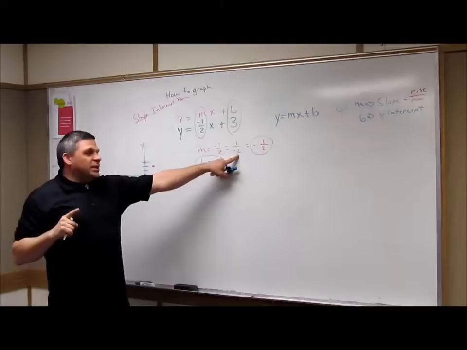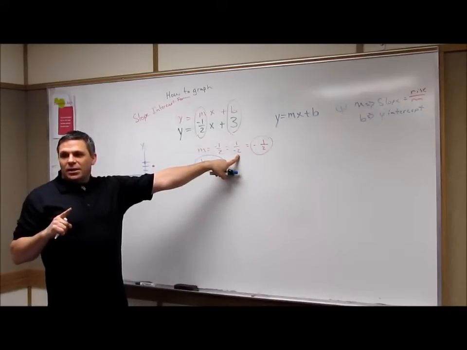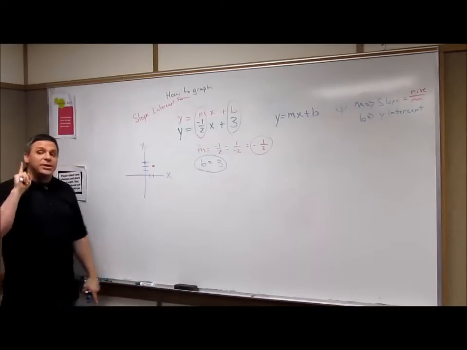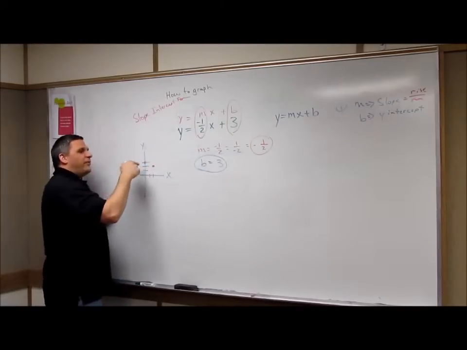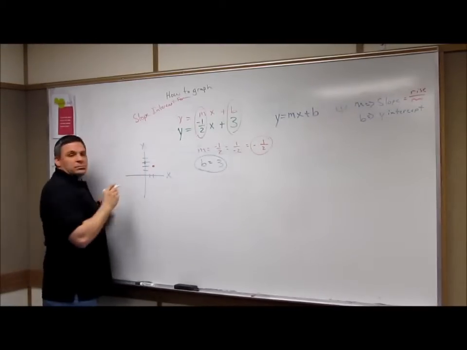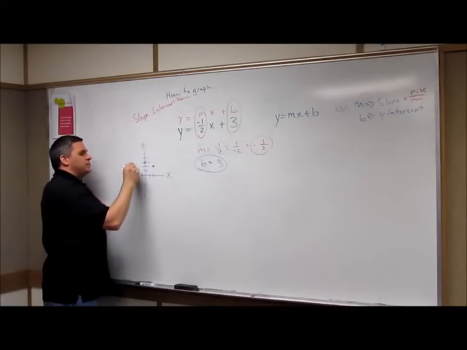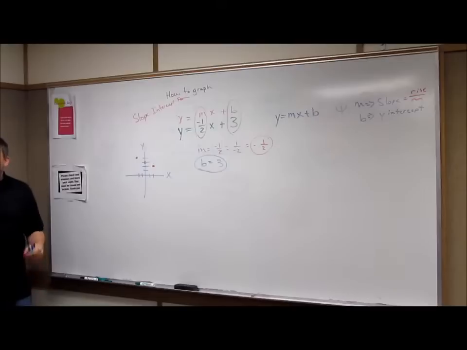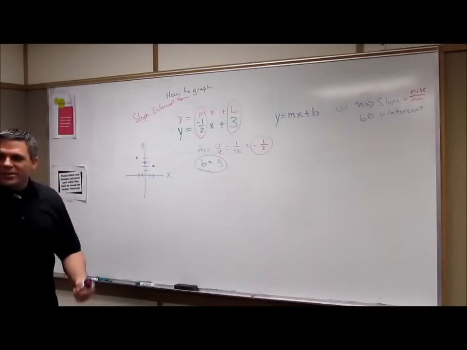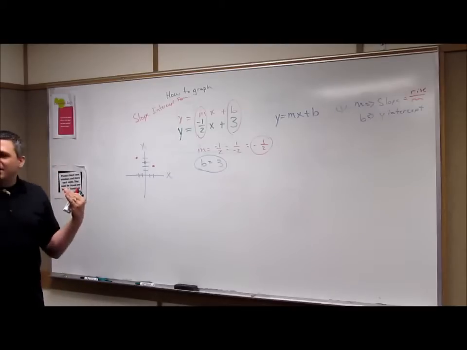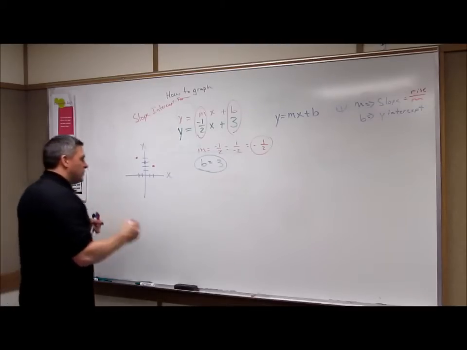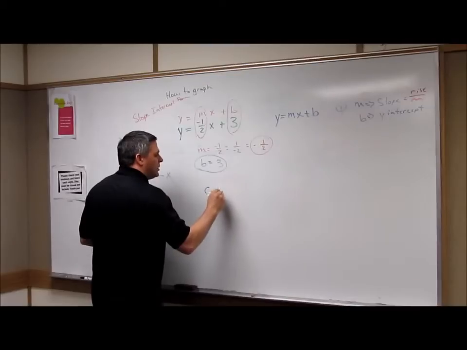But remember, I said it could easily have been this one too. This could be our point also. So let's look at this point. What if I rise 1, but I run a -2? What happened there? Yeah, it's on the same line. And these are 3 special points. When you have 3 or more points on the same line, we call that collinear.